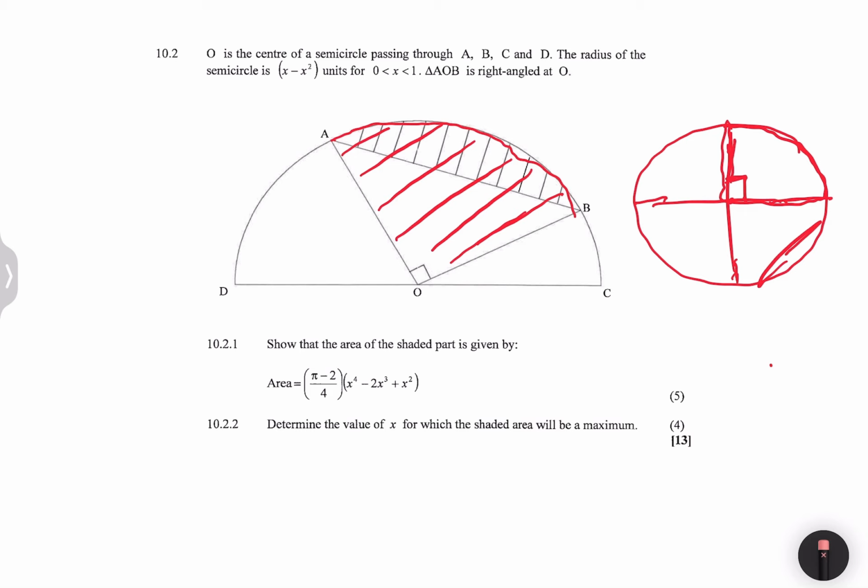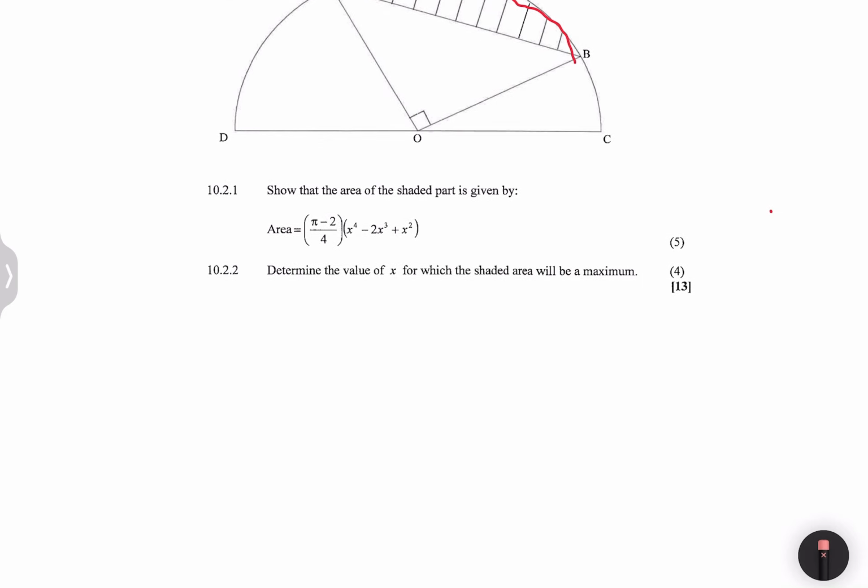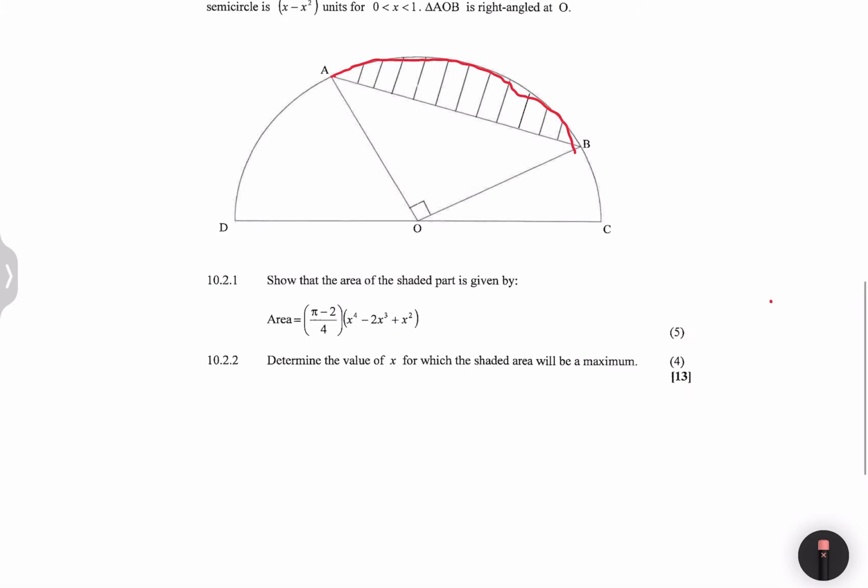So in this case, if I'm going to get that shaded part, let me get the area of this quarter of a circle, right? So I'm going to say, look, the area of AOB, that arc there, so I'm going to get the area of a quarter circle.